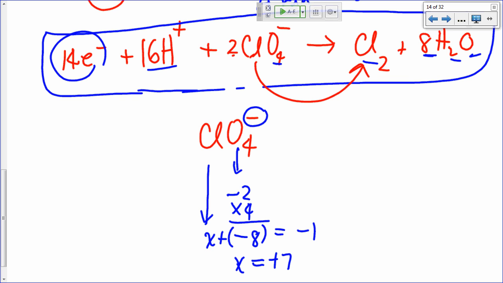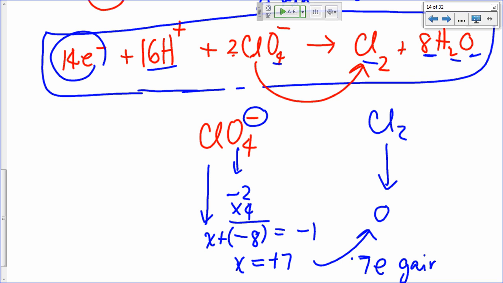+7. What about Cl2? What's the oxidation number of chlorine? This is a pure elemental substance. Oxidation number is 0. So you went from +7 to 0. That's 7 electrons gained. Is that consistent with 14 electrons here?